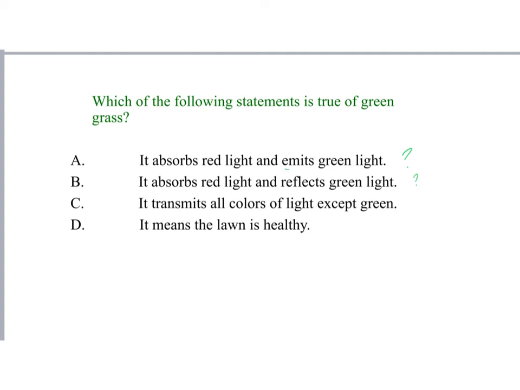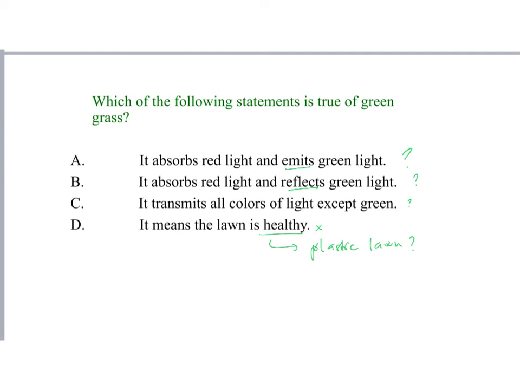Okay, the only difference is in these two words. How about C? It transmits all colors of light except green. Or D, it means that the lawn is healthy. Okay, well, if you have been around JMU, you might have met the plastic lawn as well. So that will not have anything to do with the healthiness of the lawn.